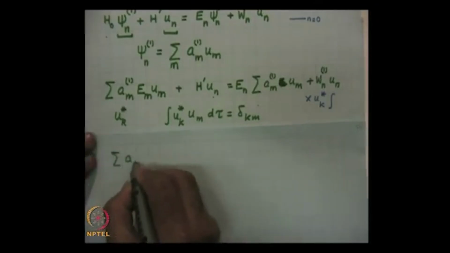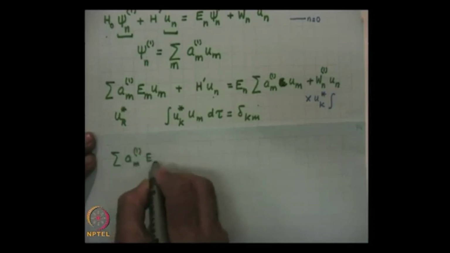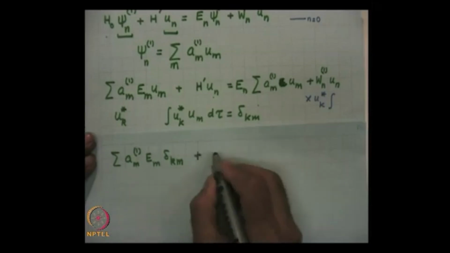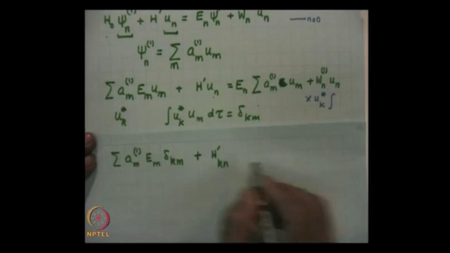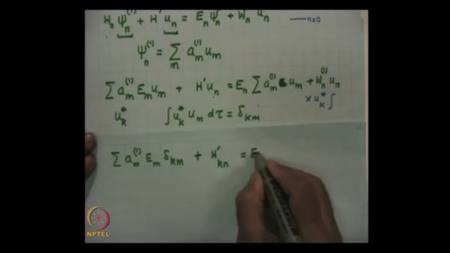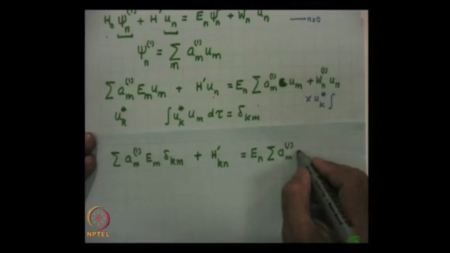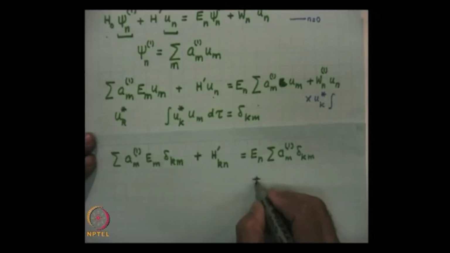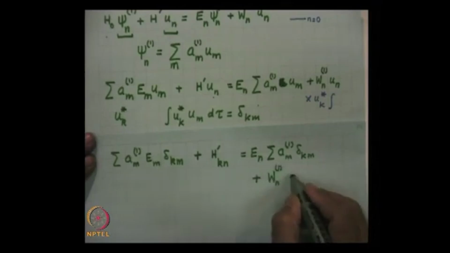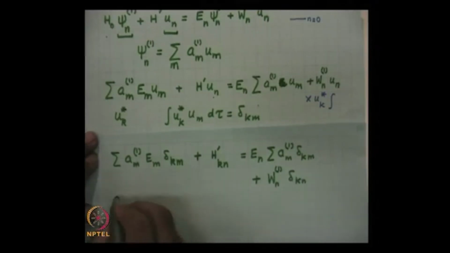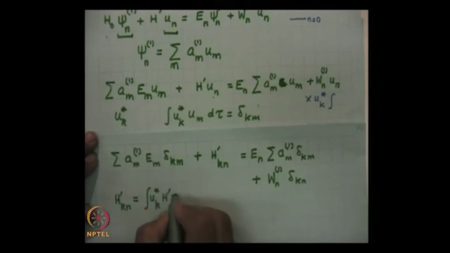summation a m 1 E m delta k m plus h prime k n is equal to E n summation a m 1 delta k m plus W n 1 delta k n, where H prime k n is known as the k nth matrix element, the integral of u k star H prime u n d tau.